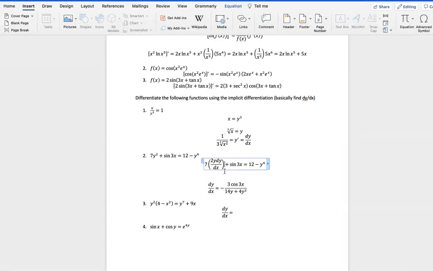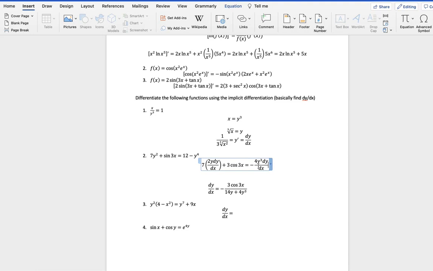Plus the derivative of sine 3x, which is basically 3 cos 3x, equal to the derivative of 12, which is 0, minus the derivative of y to the 4, which is basically 4y cubed times dy over dx.